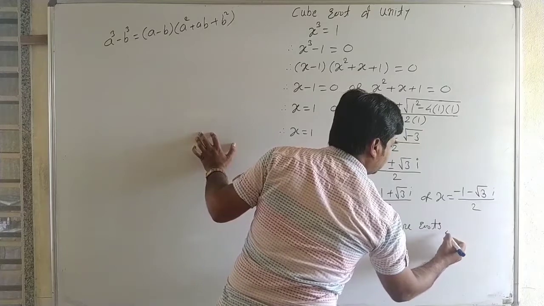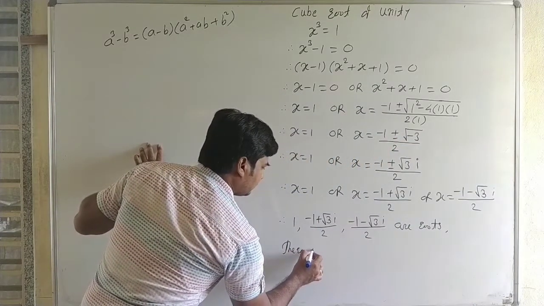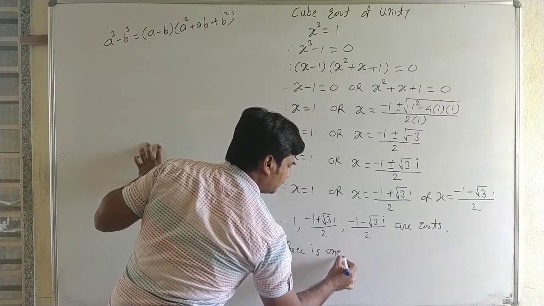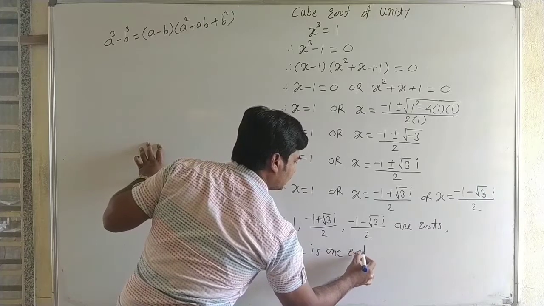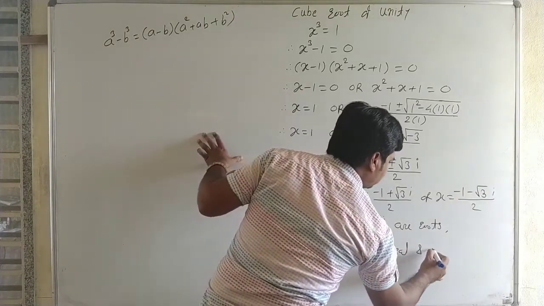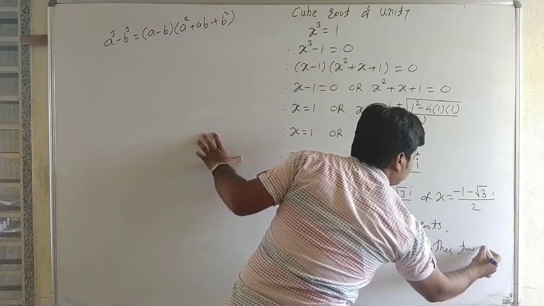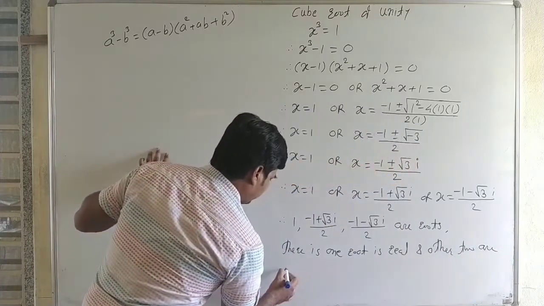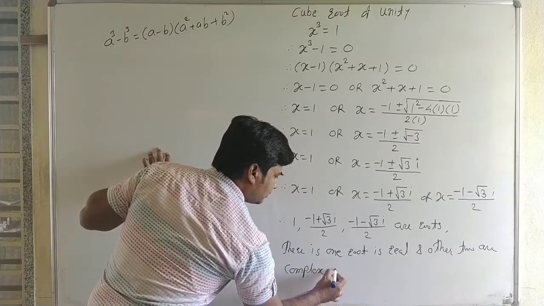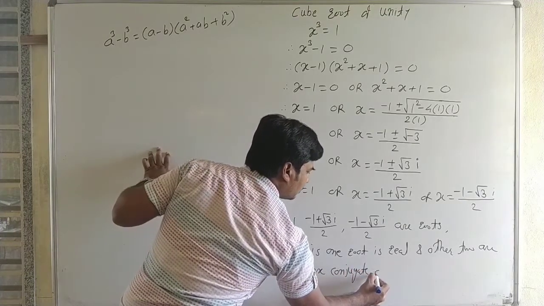One root is real and the other two are complex conjugates of each other.